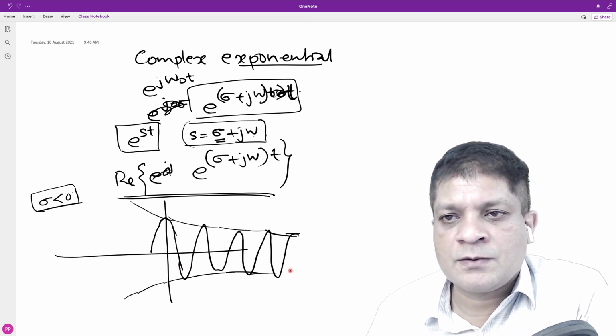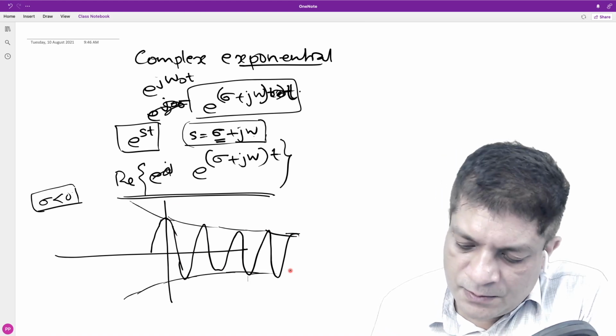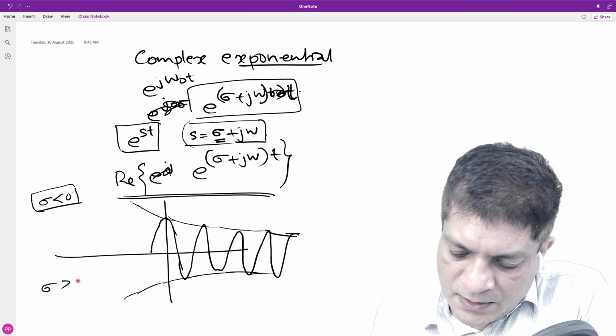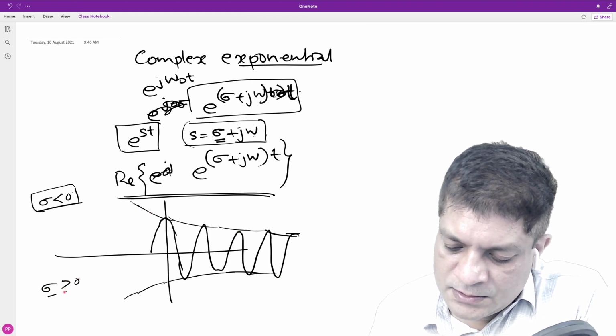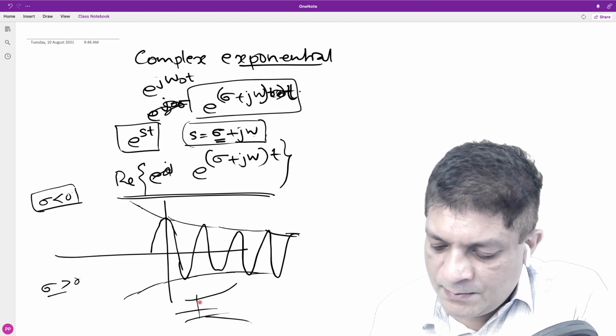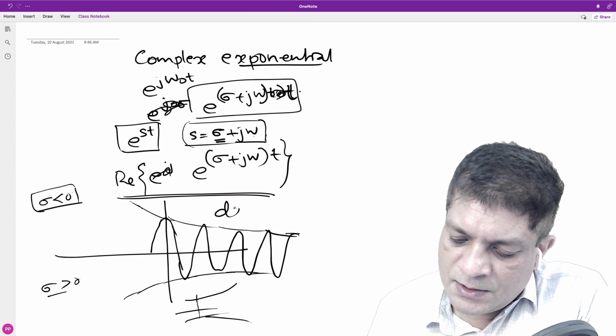It is a cosine signal with exponentially decaying amplitude, isn't it? The amplitude decays exponentially, and if sigma is greater than 0, then it will be a growing exponential. The amplitude grows exponentially.